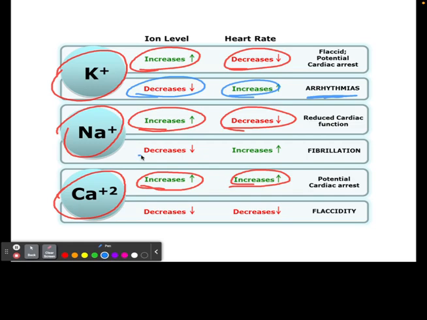Fibrillation: if you have too low sodium, it can increase your heart rate and put you into fibrillation. Now your heart is not able to squeeze fully, and because it's not fully squeezing, it's squeezing too quickly, and you don't have the ability to squeeze enough blood out of the heart to move through the body. Just imagine taking your hand, opening it, and closing it fully.